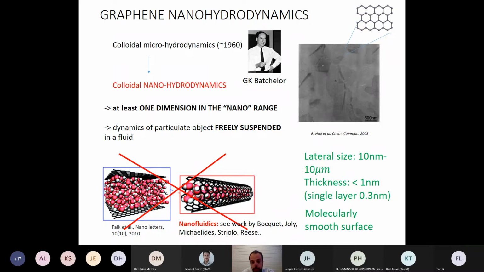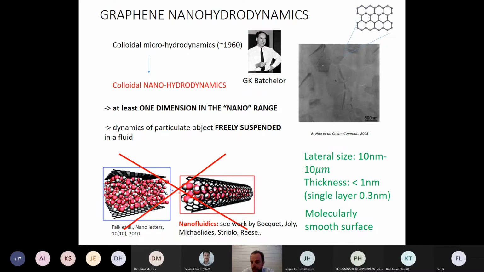So we are not talking about flow of liquids in stationary channels, but the particles can actually move in three-dimensional space. So graphene, you may know that in many applications, graphene takes the form of a particulate material. They look like colloidal platelets of lateral size that ranges enormously from about 10 nanometers to about 10 microns.